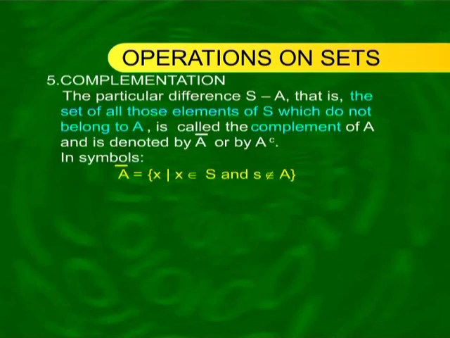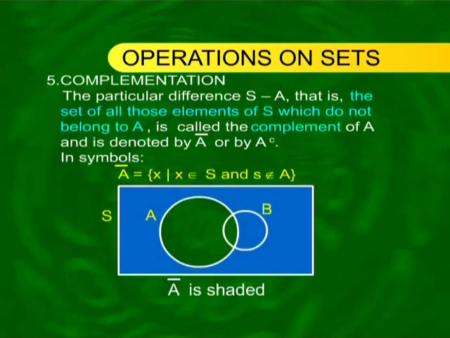And the last concept in this regard is that of complementation. The particular difference S minus A, that is, the set of all those elements of S which do not belong to A, is called the complement of A, and it is denoted either by A bar or by A^C.